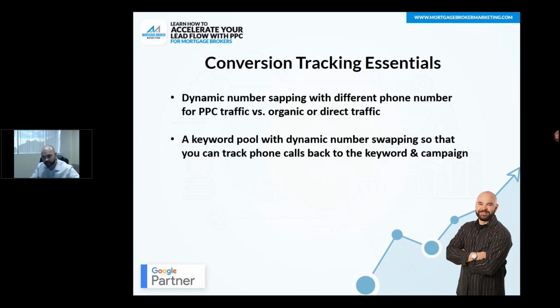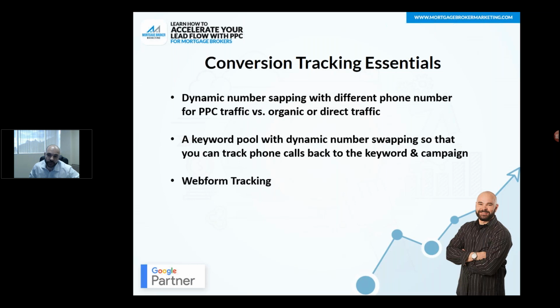So we can really dive deep into what people are typing in that's driving the phone calls, and tracking these phone calls back to the keyword and the campaign will really help us in getting the cost per leads down and more people calling.